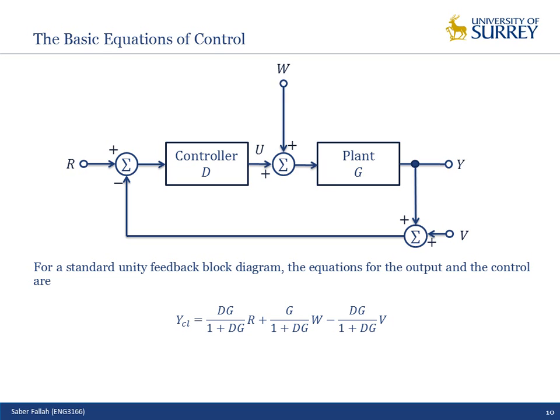You are looking for the transfer function Y over V. So the minus in minus DG comes from this summing point, plus times minus, minus multiplied by D. When this R is 0, you don't need to look at this part. You just look at the path.